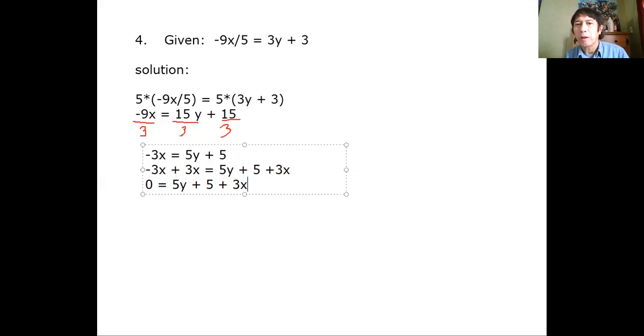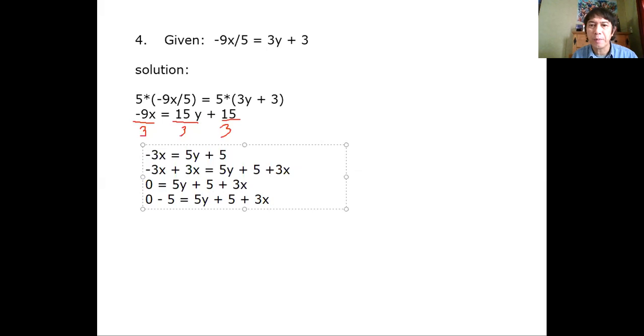Now, we have to make that positive 5 there go to the other side, okay? Because we now have the x and y terms together. Now, that number 5 should not be there. And we can move that to the other side by way of subtraction. So the next line will be subtract 5. 0 minus 5 is equal to 5y plus 5 plus 3x.